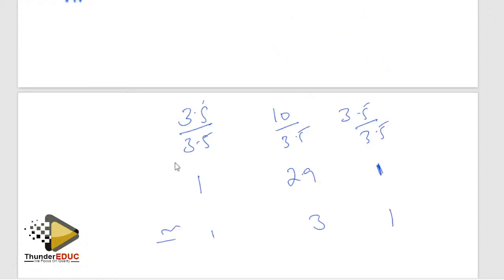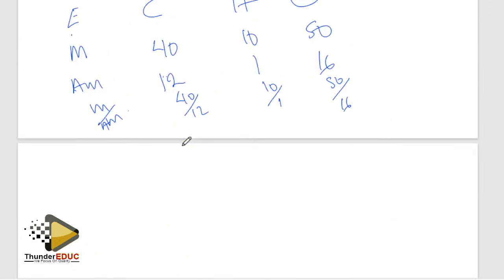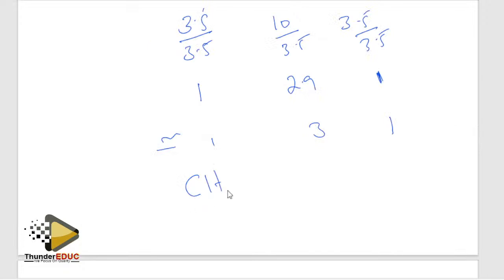So C is 1, H is 3, and oxygen is 1. That is the empirical formula of that structure.